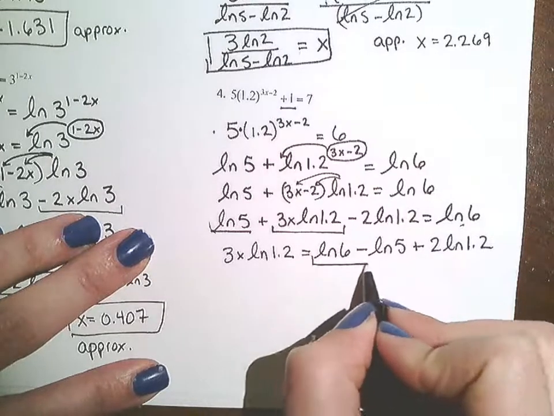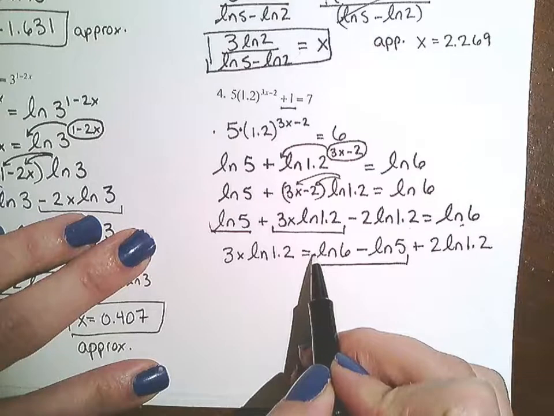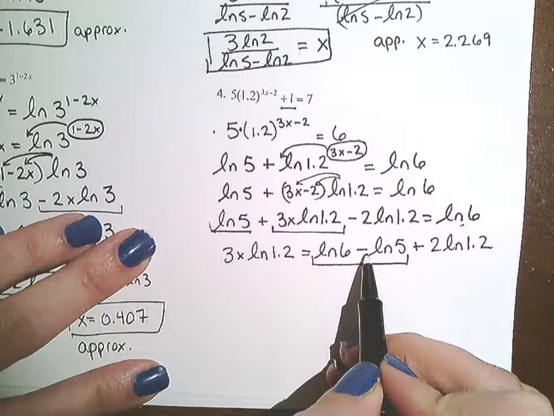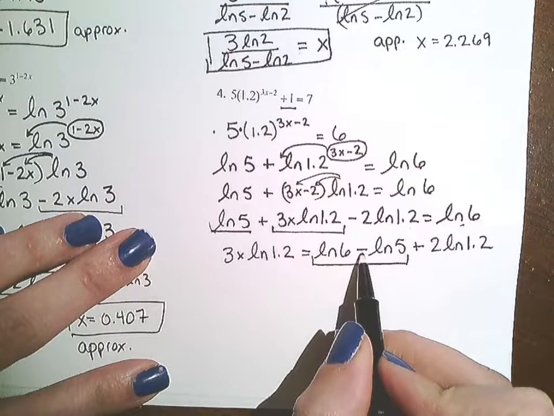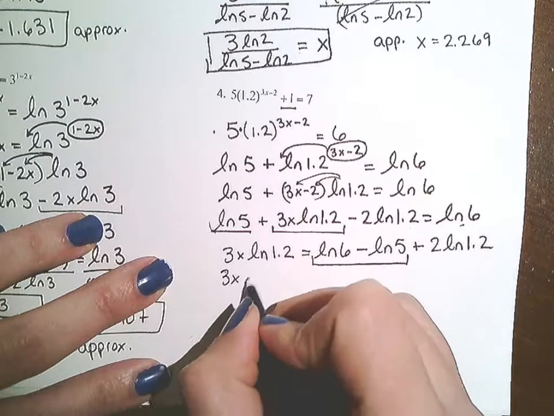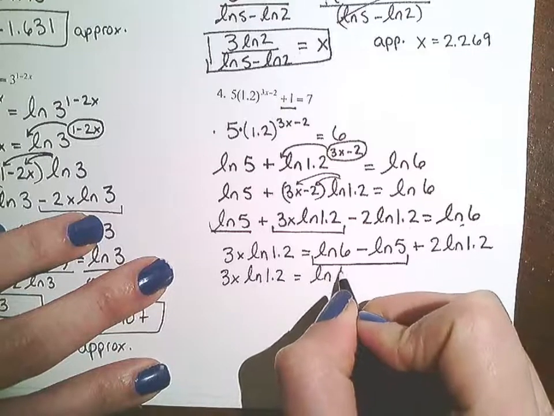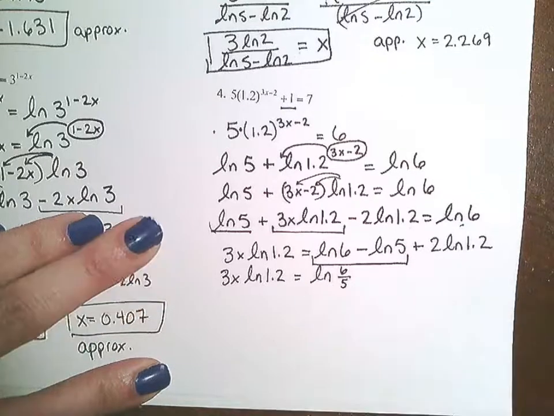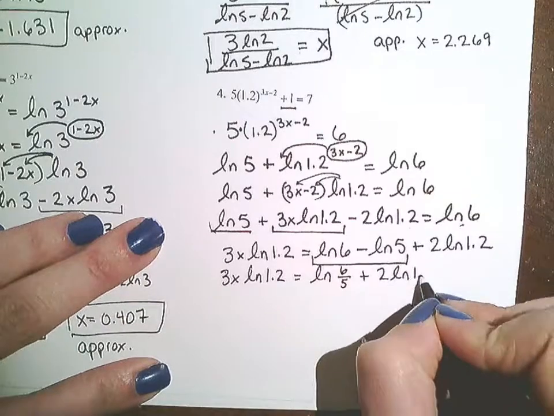So this ln of 6 and this ln of 5, there's nothing in front of them, and they're just being subtracted. So I can use the quotient property, because this is subtraction, and I can change that to 3x ln of 1.2 equals ln of 6 over 5 plus, of course, 2 ln of 1.2.